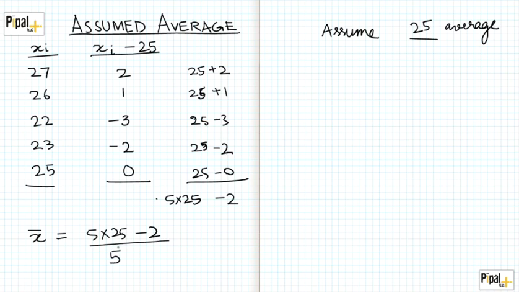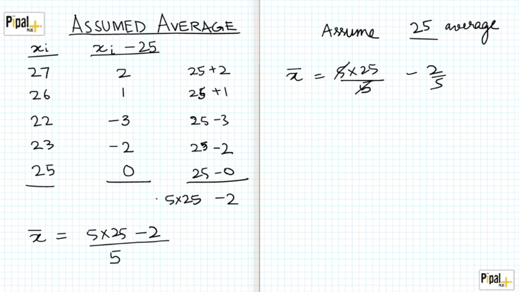Now instead of just computing all of this, I'm going to split this up into two parts. So the average is actually 5 into 25 divided by 5, minus 2 by 5. I notice that the number of multiples of the assumed average gets cancelled by the number of data points.